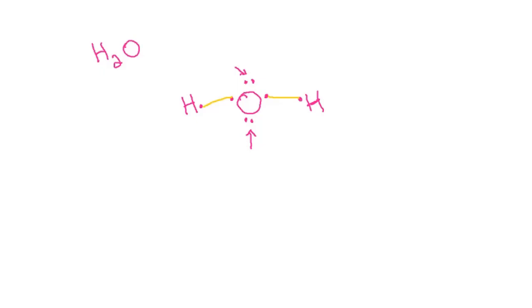And now that's it. So let's do a circle test. So here's hydrogen with its bond. That's 2 electrons, 2 valence electrons. That satisfies the duet rule for hydrogen.